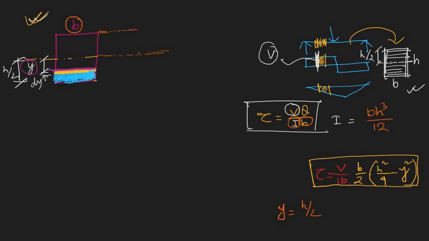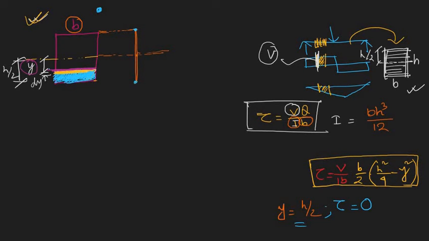So what is the value there? We are considering the height by this line, and we are plotting the values by this color. At y equal to h by 2, tau is coming as 0. So here at this point it is 0.